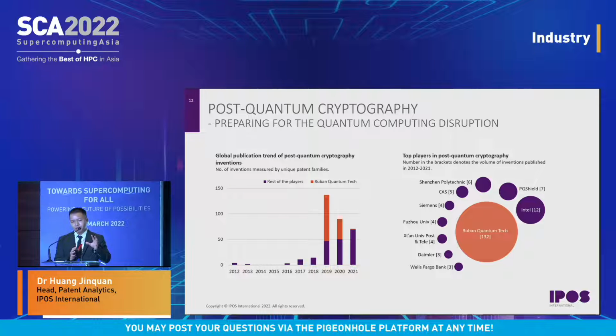So the large presence of academic research shows that this is still in an early phase of development, and it remains very interesting to see how post-quantum cryptography will further evolve and how this will play out when they race against the development of quantum computing. So with that, I have come to the end of my presentation.